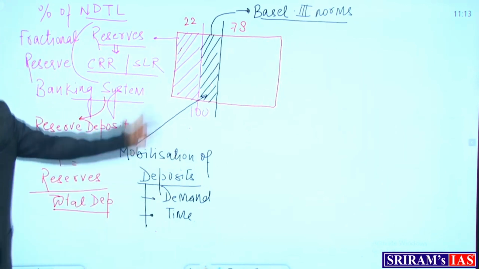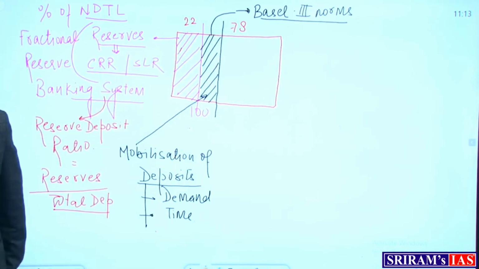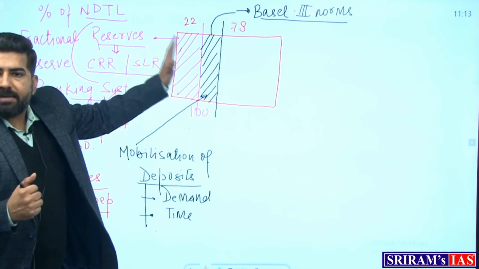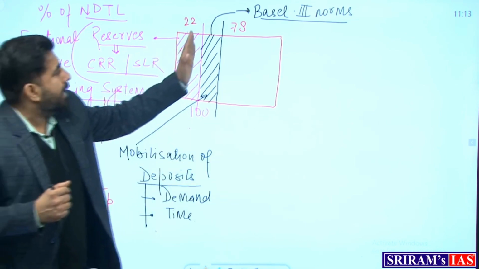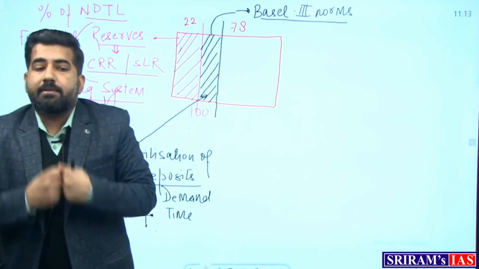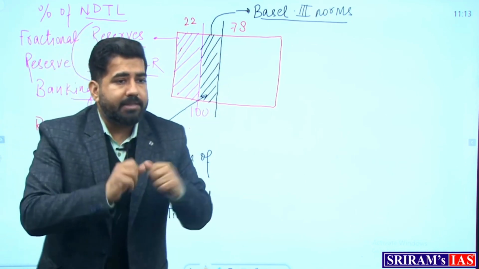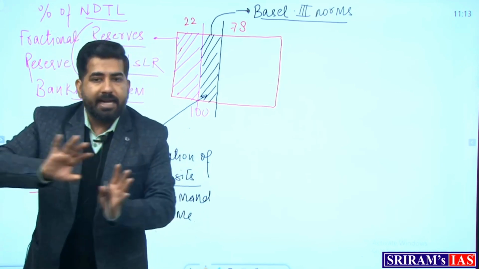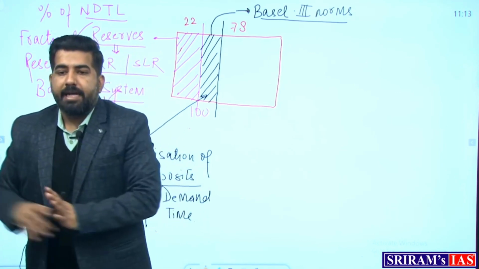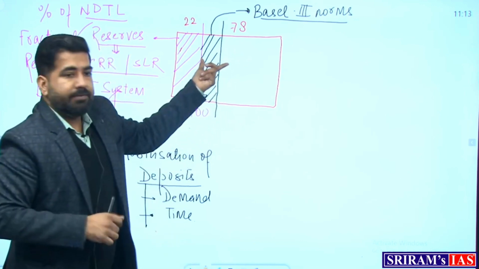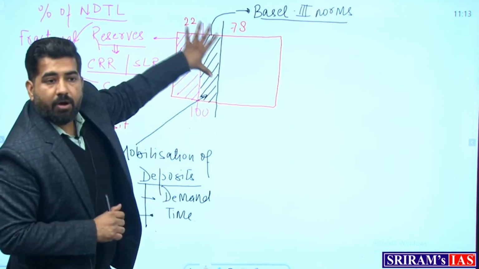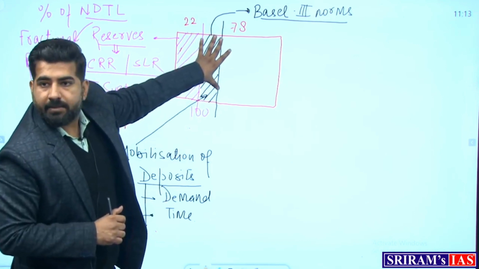We will definitely discuss Basel 3 norms in detail, don't worry. But you see, first the requirement was the prudential requirement of CRR and SLR, and now the bank needs to comply with Basel 3 norms. Basel 3 norms say that you have to set aside a certain percentage of capital which cannot be used for lending purposes.